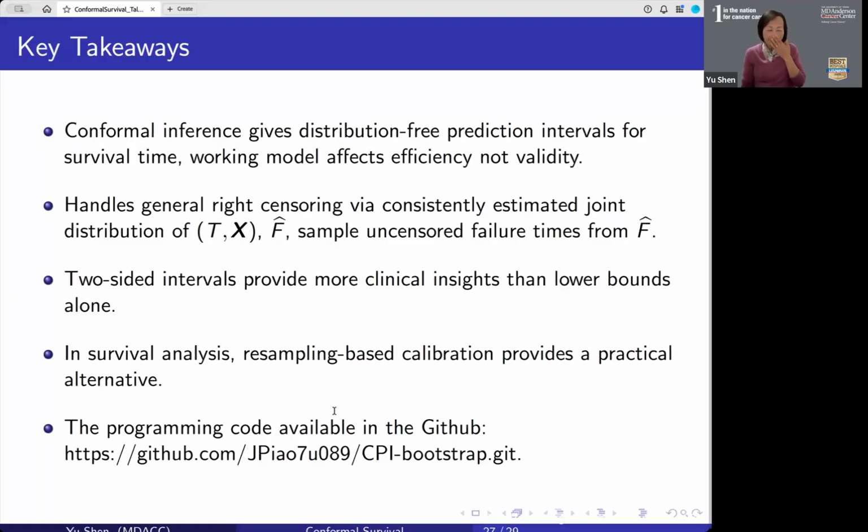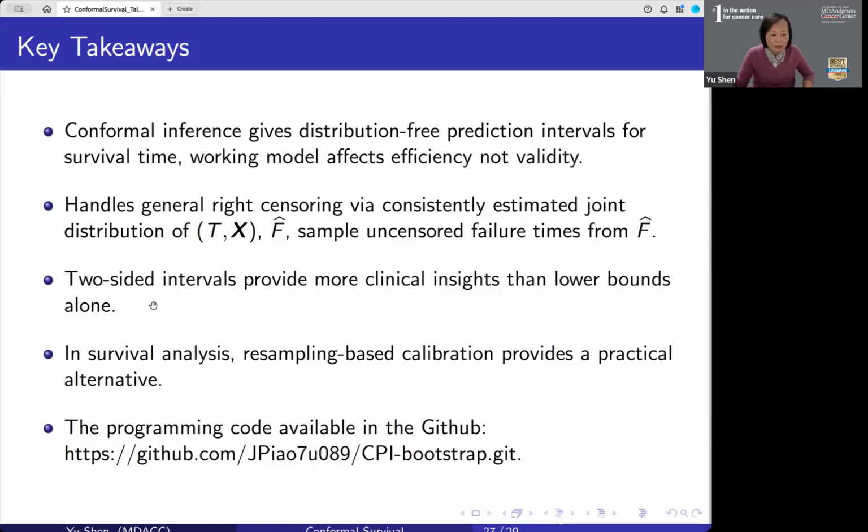Here, in order to handle generalized censoring, we propose this non-parametric estimate of f hat. Based on this estimate, we can sample uncensored failure times from f hat, so we avoid directly dealing with censored data. We just resample from the estimated f hat.